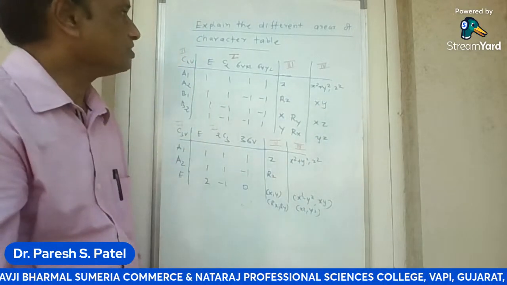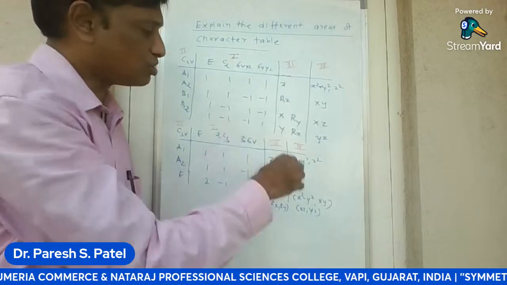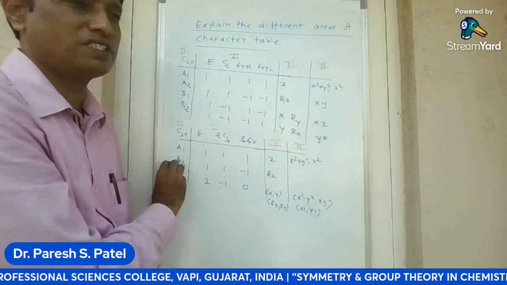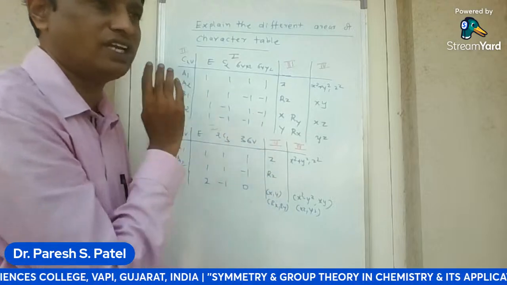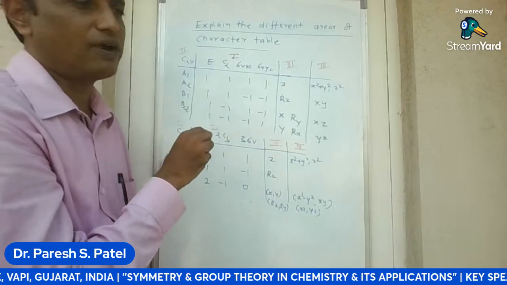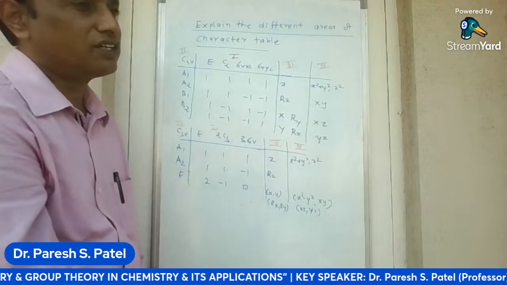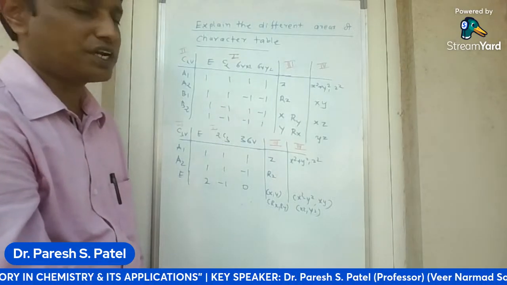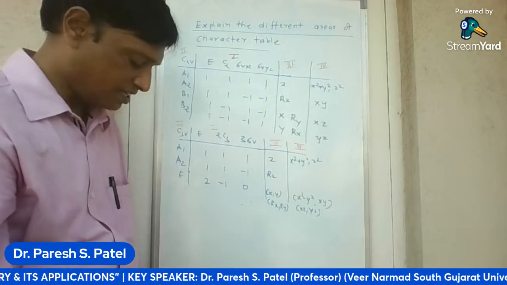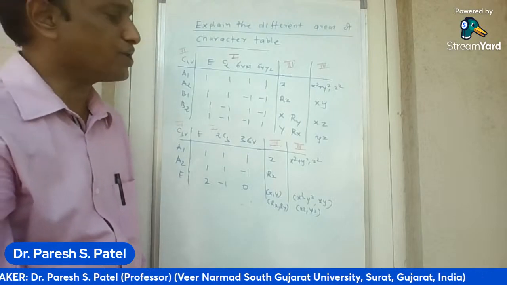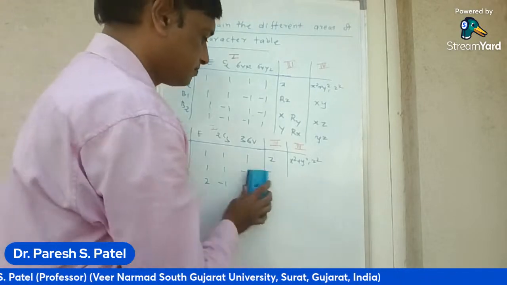So area number 1 represents characters, area number 2 represents Mulliken symbols, area number 3 represents rotation around p orbitals, and area number 4 represents the d orbitals. Okay, so this explains the different areas of the character table.